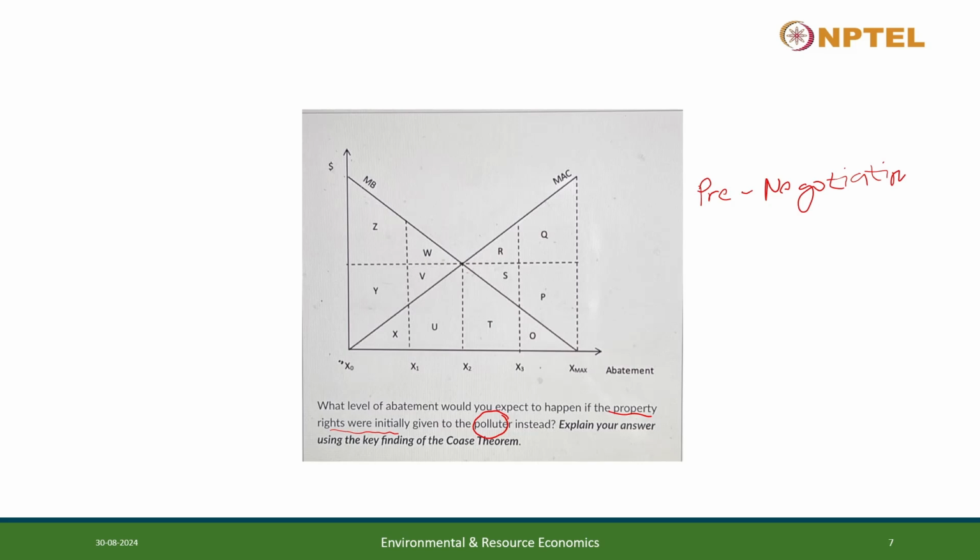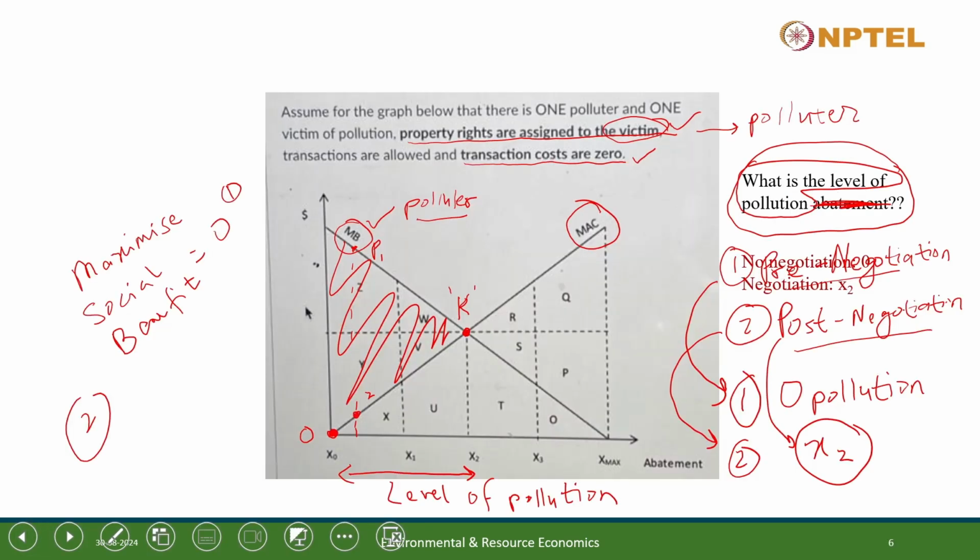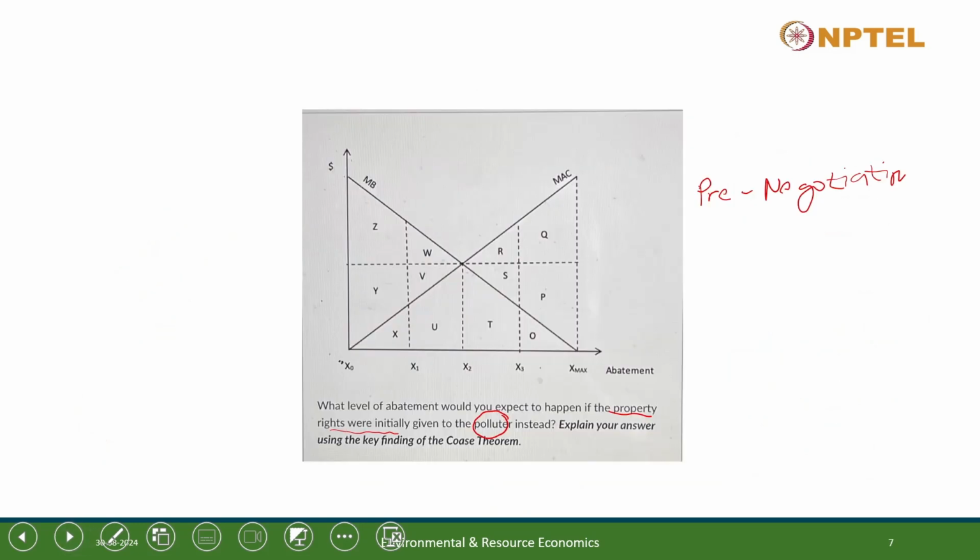So any one of you can answer. Neha, what will be this answer? Here in this case, we are discussing the Coase theorem only. The victim's marginal abatement cost curve is given and the marginal benefit curve for the polluter is given, and we have to find the level of pollution.